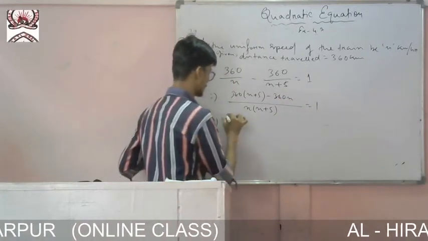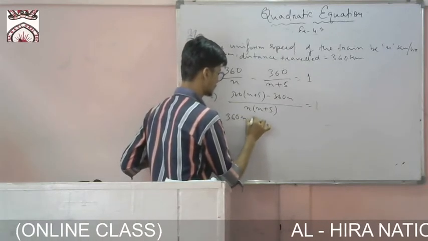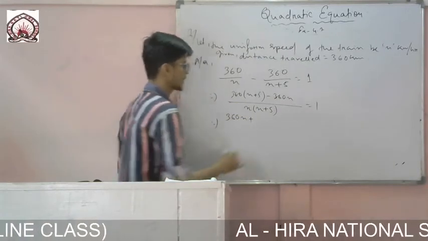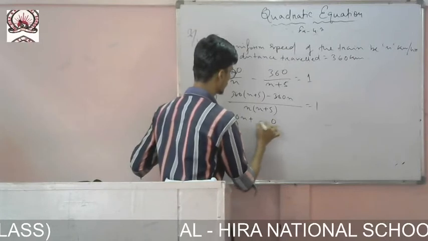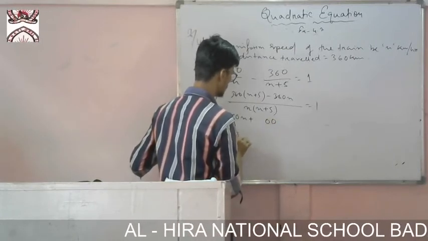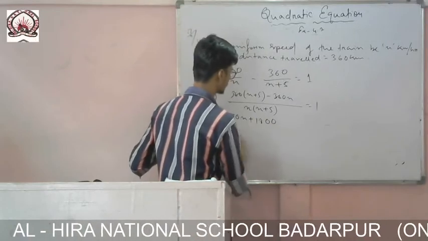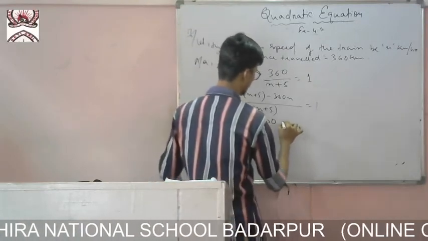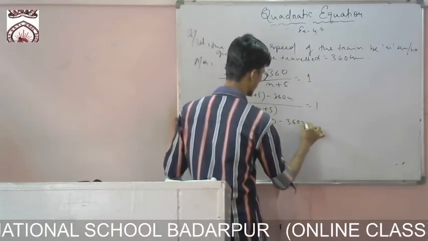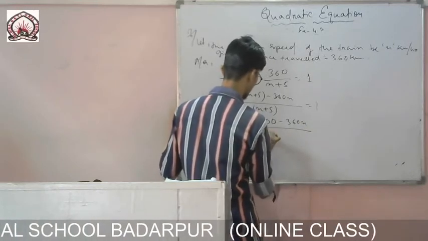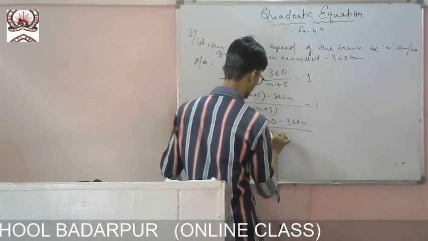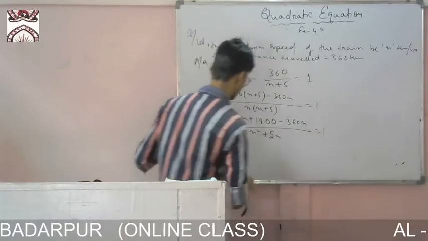So it will be 360x plus 360 into 5. 5 into 0 is 0, 5 sixes are 30, 0 and carry 3, and 5 threes are 15, 16, 17, 18, so 1800, minus 360x, over x square plus 5x, equals 1.